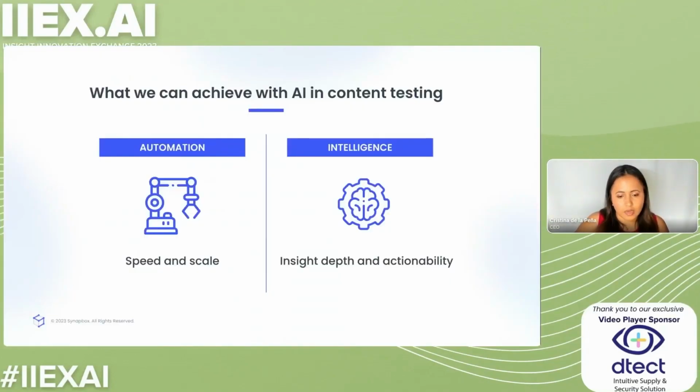All right. AI, if we see it from a top-level approach, can help us with two main things. One, automation, and second, intelligence. A lot of people say that before this year and last year, we were in the age of automation with AI, meaning that AI was already enabling a lot of automation.